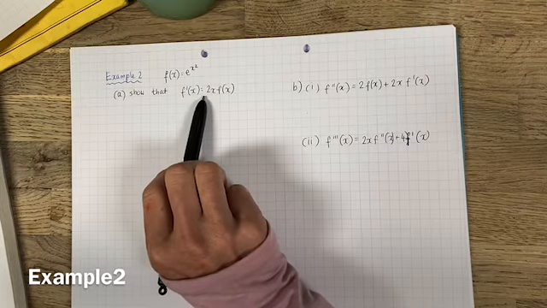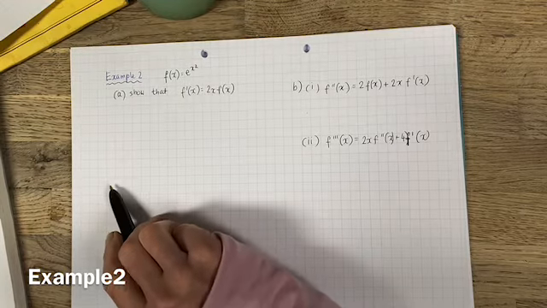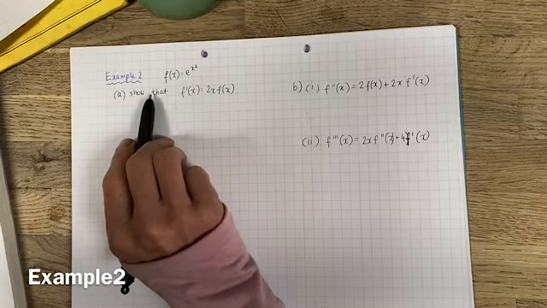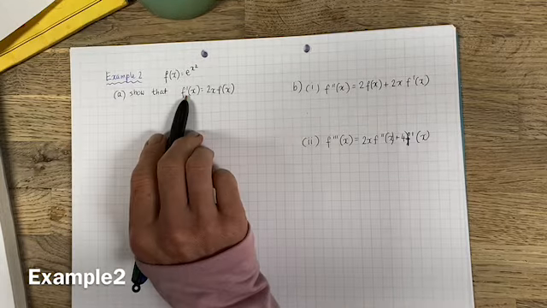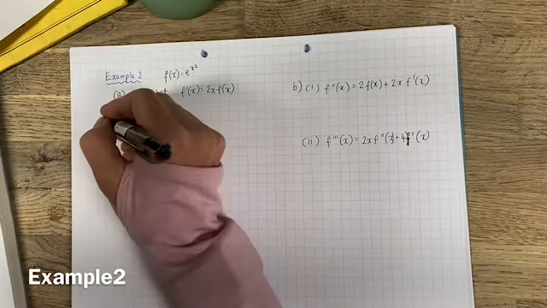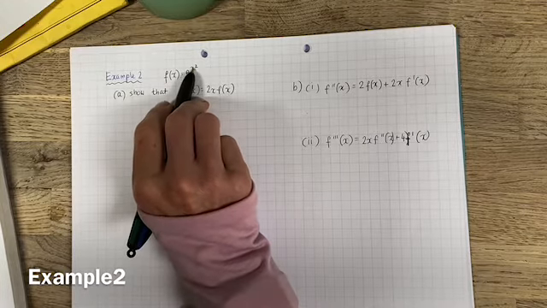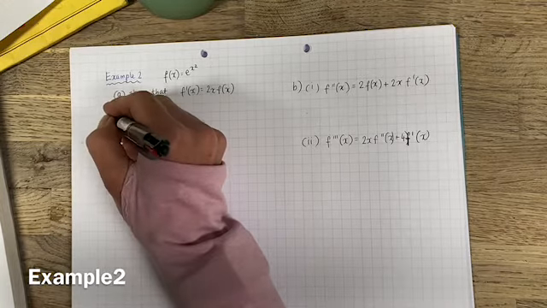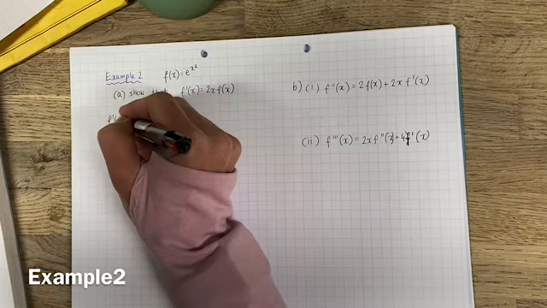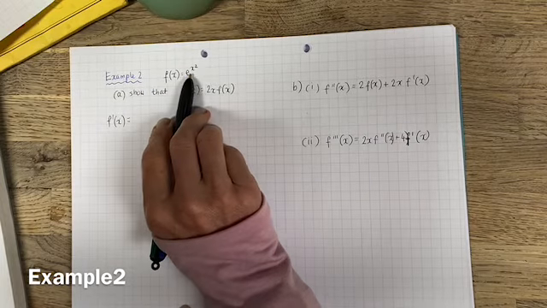Show that f dash of x is equal to 2x f of x. Okay, so that's simply asking you to differentiate this function. So if f of x is equal to e to the power of x squared, for f dash of x we are going to use the chain rule.